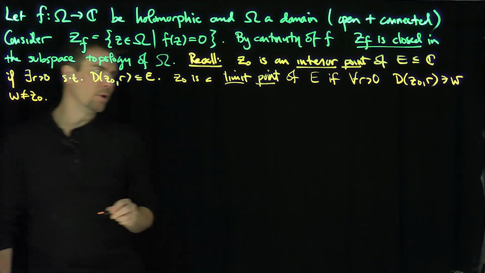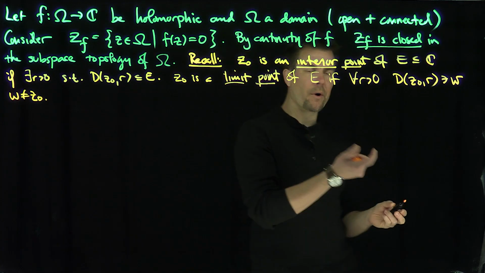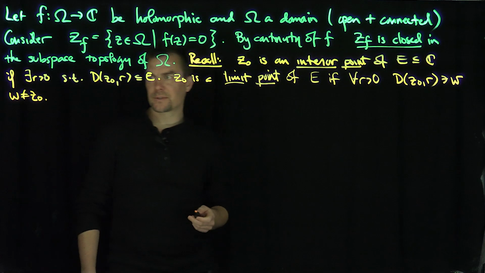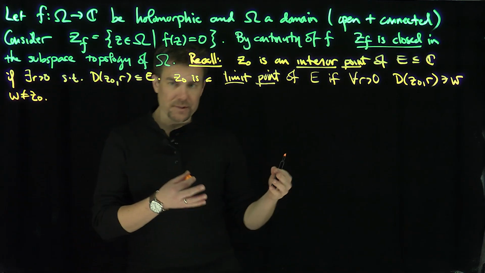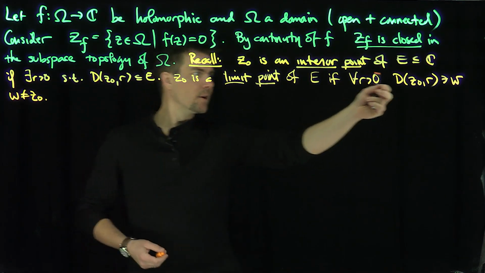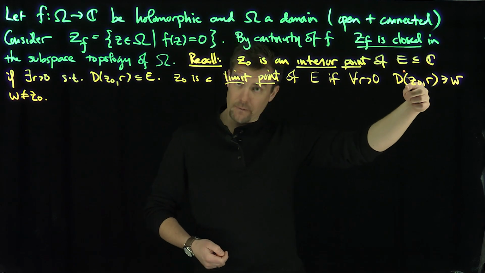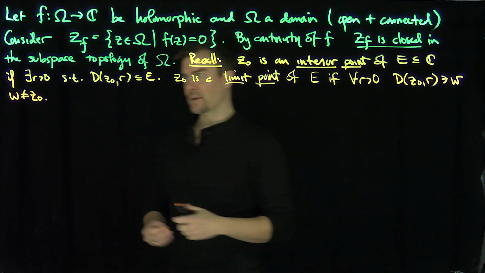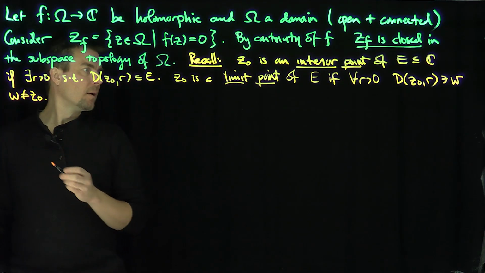In other words, every neighborhood of z0 has a point from the set E that is not z0 itself. In a metric sense, there has to be a sequence of points, call them w_k, that converge to z0.